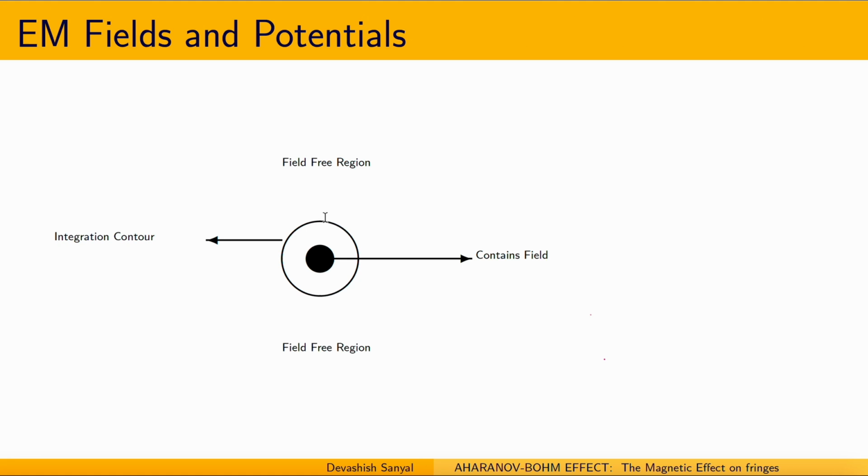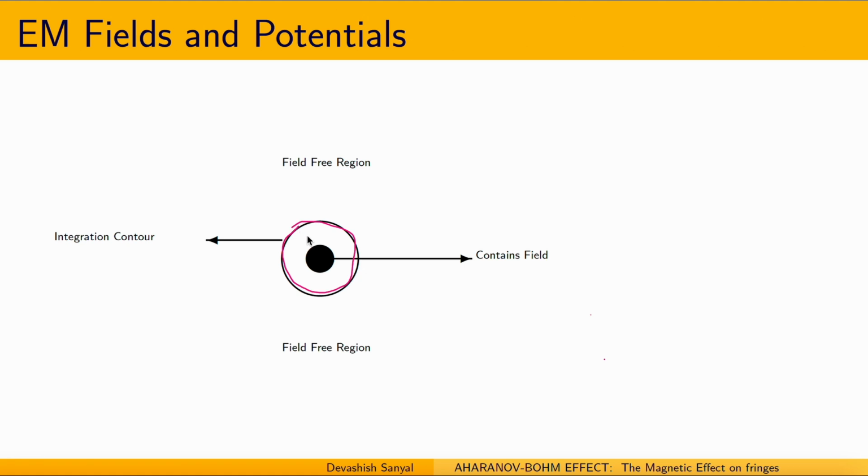This is the surface we are talking about, and this is the contour for the surface. We are calculating the flux across this region. Here there is no field. The field is only there in the portion shown here as black, so this one will have a flux.